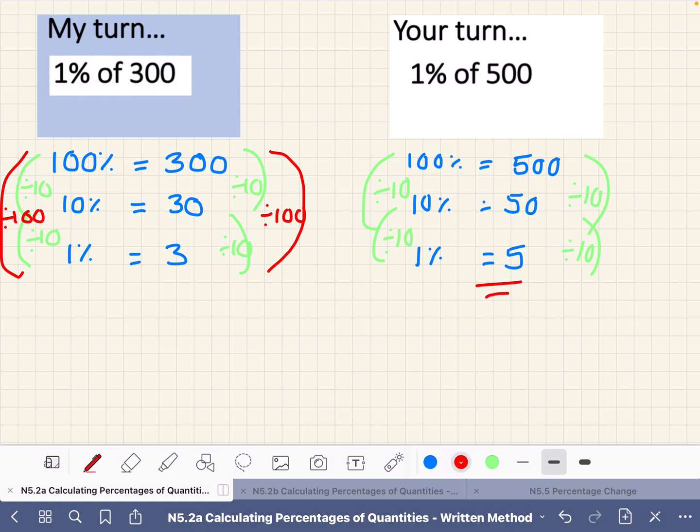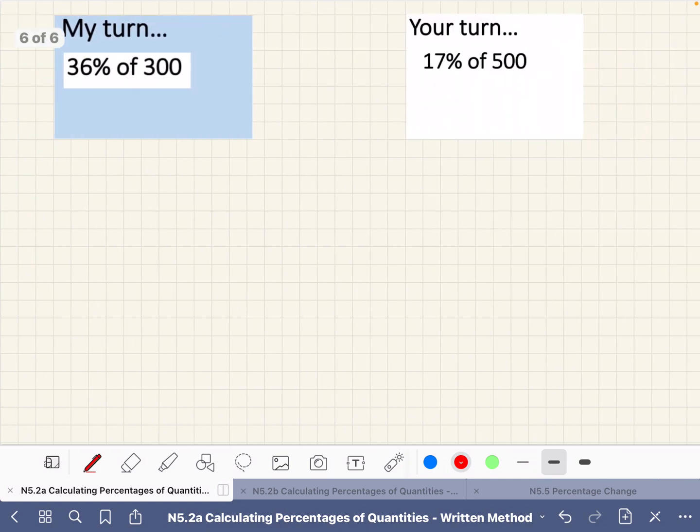We're going to combine this with our other percentage of amounts work, where we are calculating 36% of 300. We are still going to be starting off with 100% is equal to the amount, and 10% is still going to be our key.